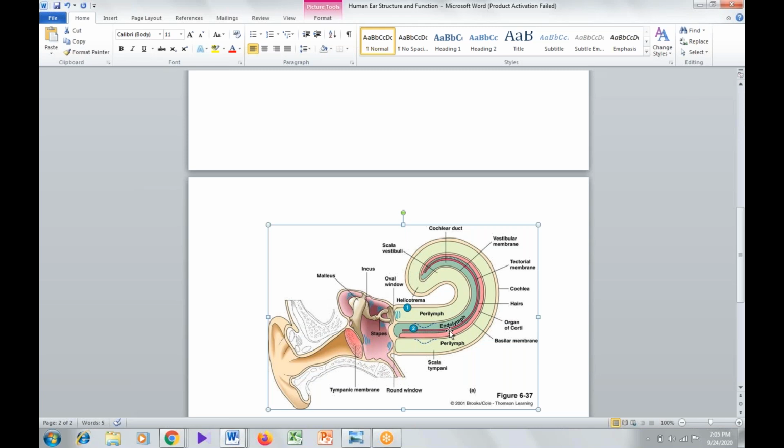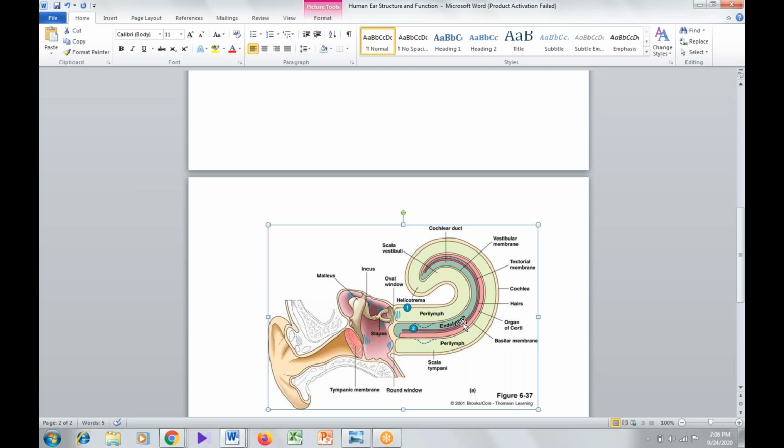The electric impulses are transferred through the auditory nerves to the brain, and the brain deduces from those impulses what the actual sound was. Then the brain decides. So these are the normal functions.